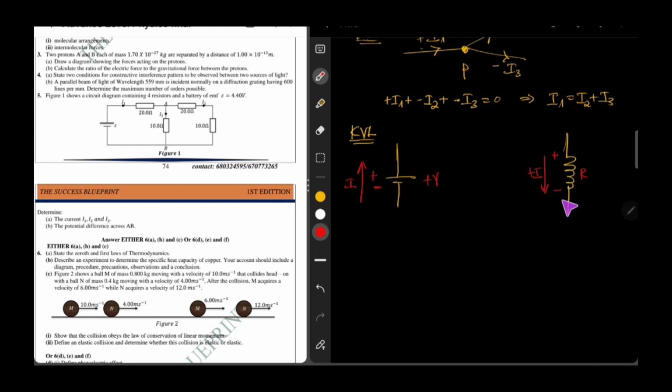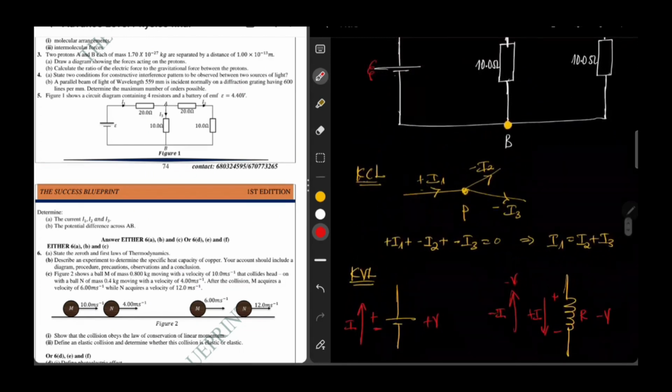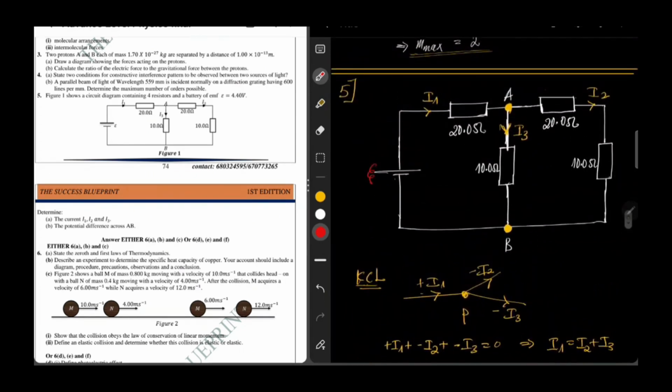So in this case, the potential difference downward in this direction will be negative. If we were to move in the reverse direction, that is upward, the current will be negative, and the potential difference likewise will be negative. With this, let's now see how we can apply this in our circuit.